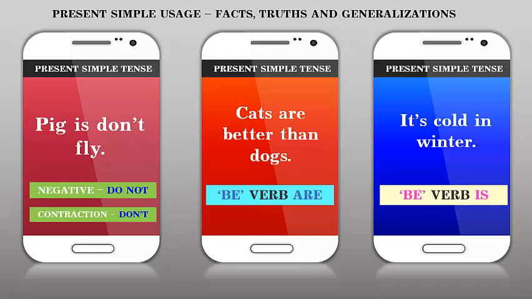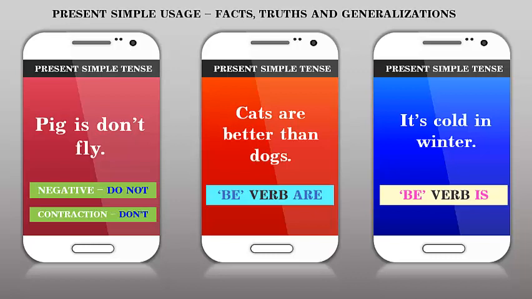Now let's look back and see what verb I used in the present simple tense. For the first sentence, I used the negative of do not. And you will notice I used the contraction and put these two words together to make it don't.